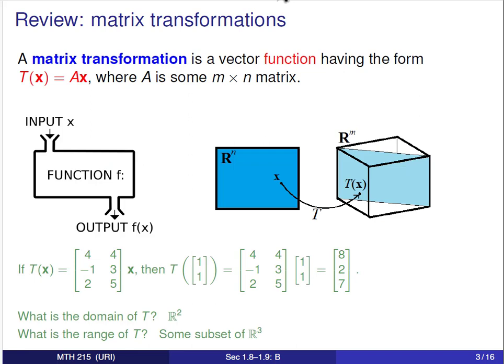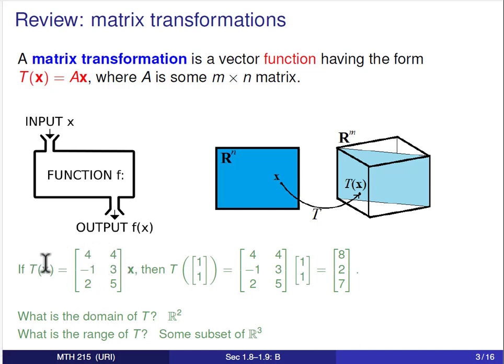All right, so if we were to do a bit of review from the last video, there we defined a matrix transformation to be a vector function having the form where your function takes an input vector x and multiplies it by matrix A, where A has the right dimensions to make it work. So as our example, we looked at T of x is this matrix times x.